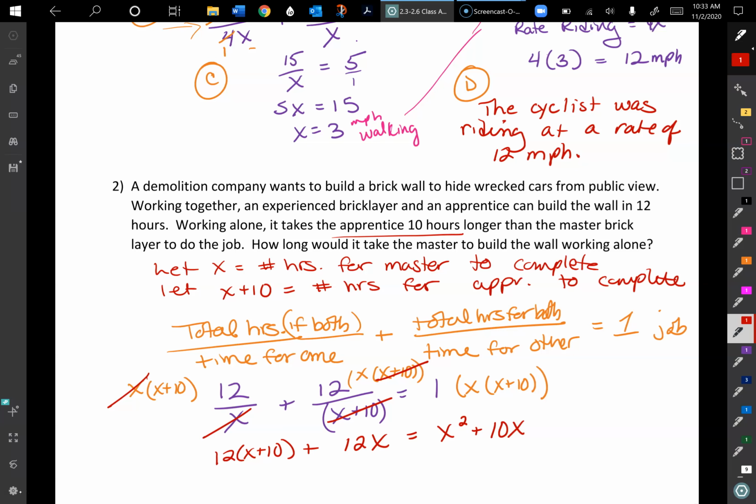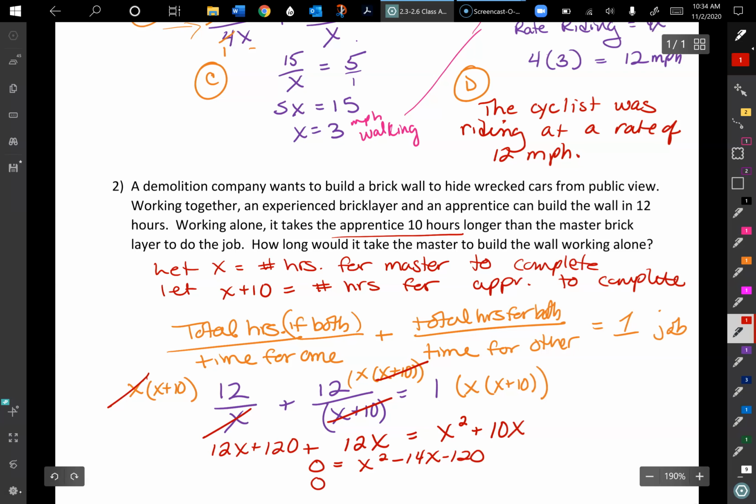So on this one, I'm going to actually just write this. I'm running out of room. I'm going to write this as distributed 12x plus 120. And then once I set it equal to 0, I'll have 0 equals x squared minus 14x minus 120.